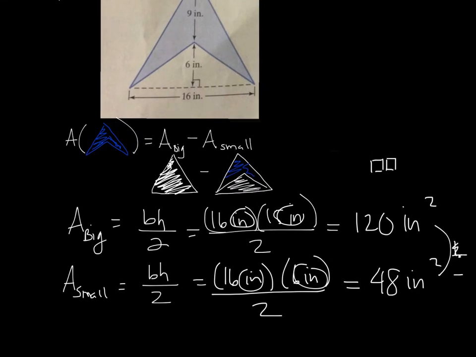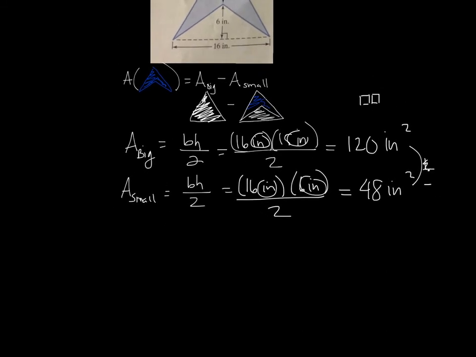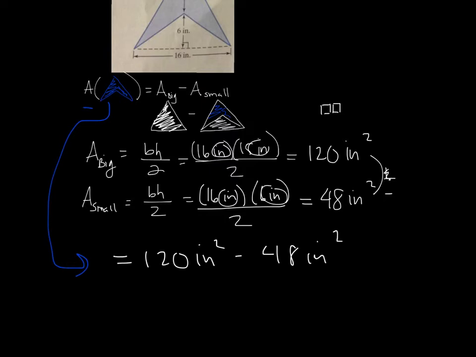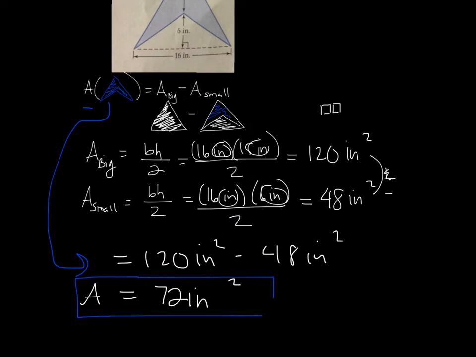So this is what we want to calculate: 120 minus 48. Punching that in, minus 48 gives us 72 square inches. So that is the area of that shaded region. Hopefully that makes sense, the subtraction idea.